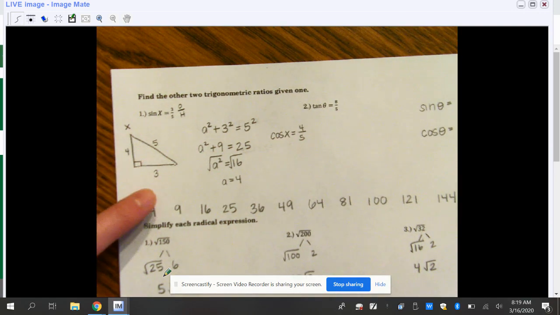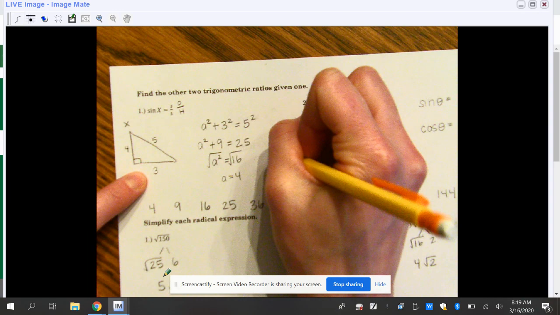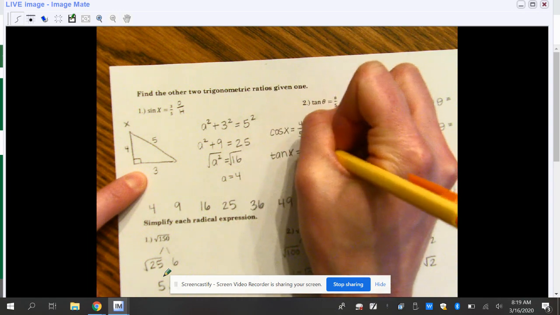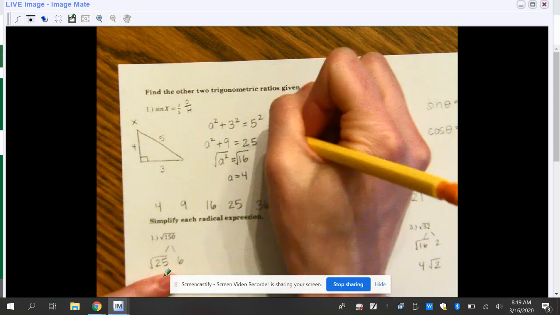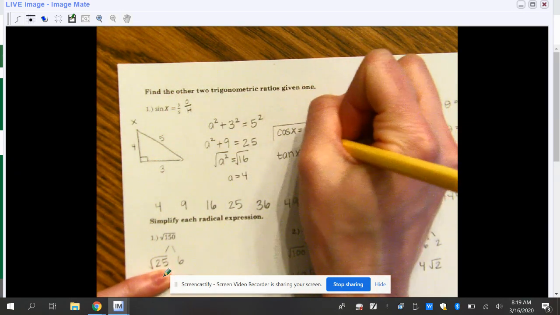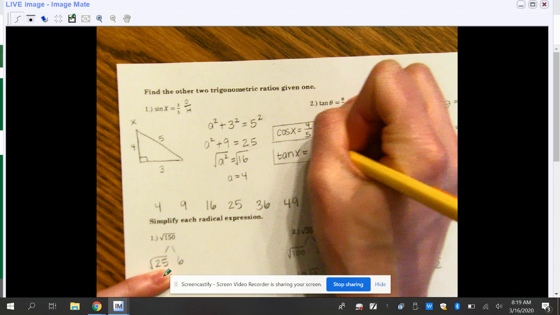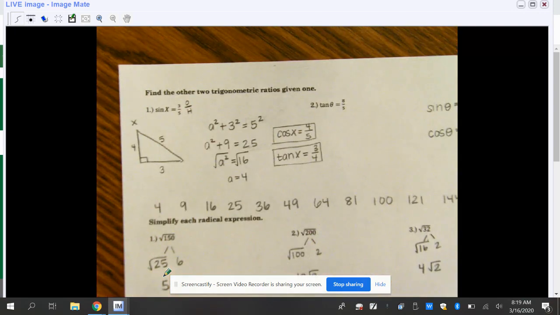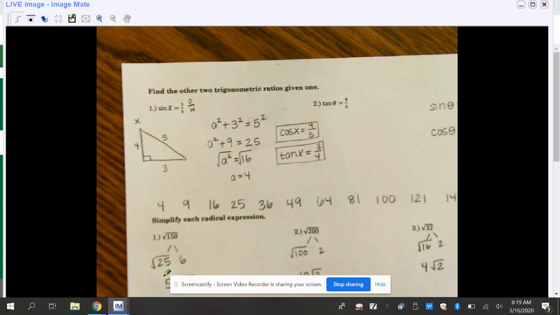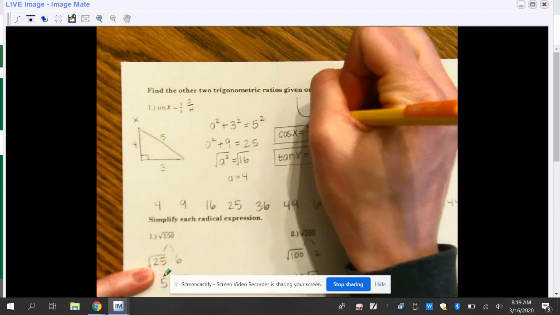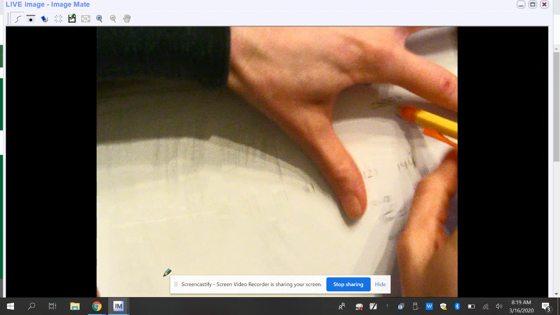Tangent is opposite over adjacent. So you're not actually finding any angles. When it specifically says find the trig ratio, you are just finding this ratio, this fraction, this relationship between the two sides.